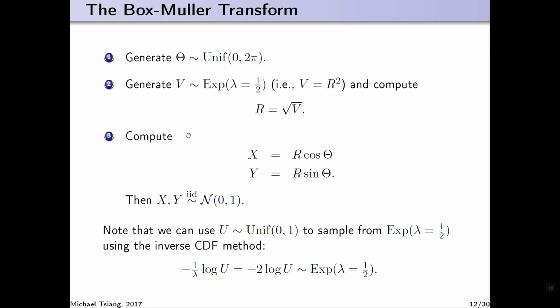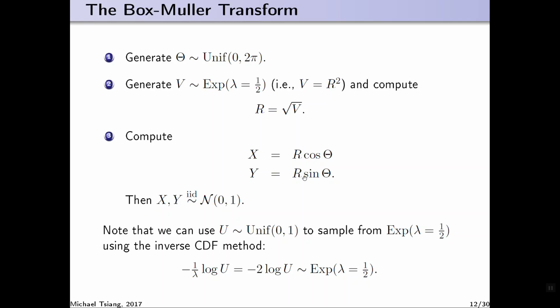Then we calculate x equal to the random value r times cosine of the random value theta, and y will be r times sine of theta. Thus x and y will be coming from the standard normal distribution if we do this transformation.